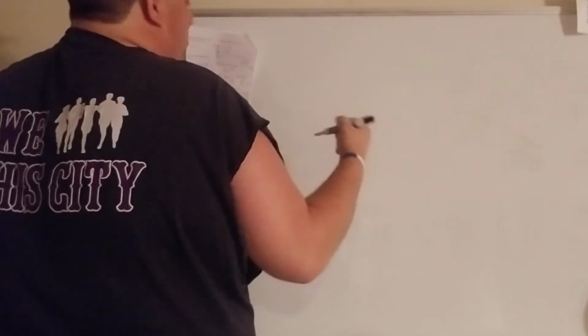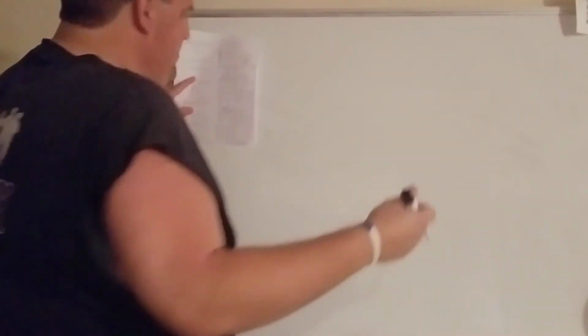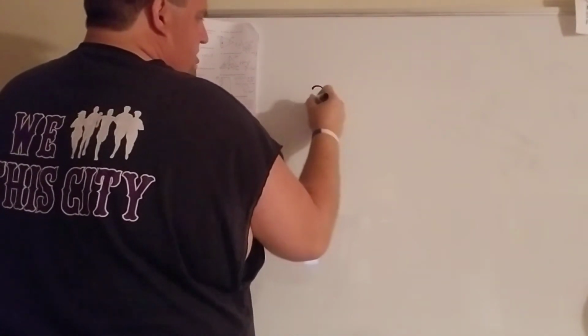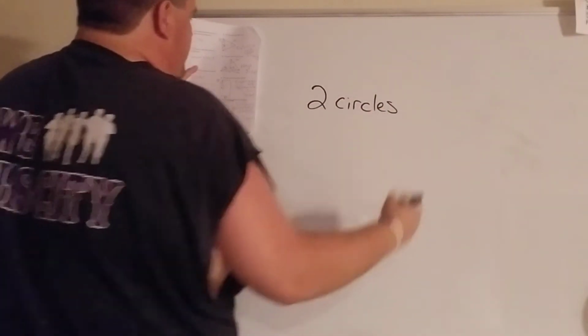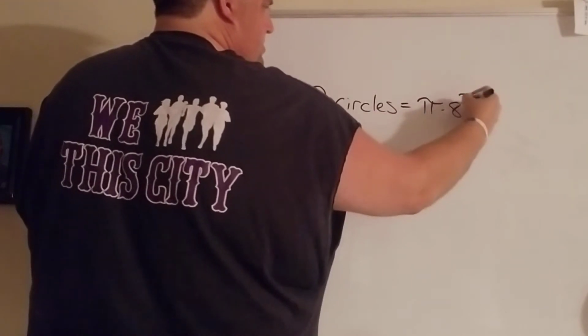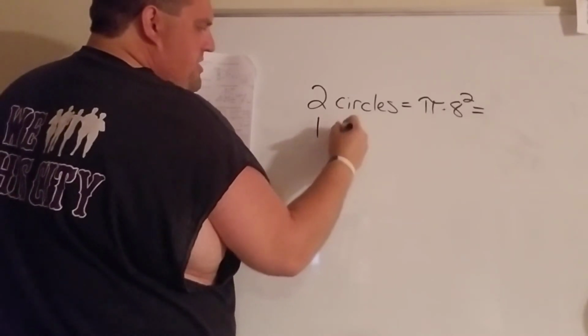All right, let's talk about surface area. So number 20, the first thing we're going to do with all the surface area ones is we're going to break it into shapes, right? So 20 is a cylinder. So they're always going to be two circles. In this case, it's pi r squared. So pi times 8 squared. And then that middle part is a rectangle.